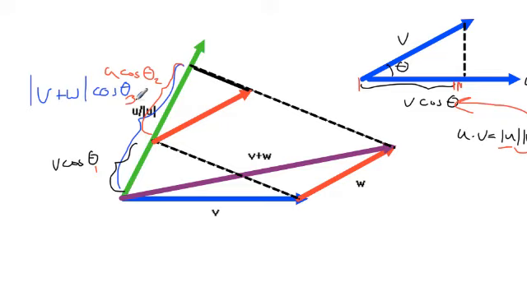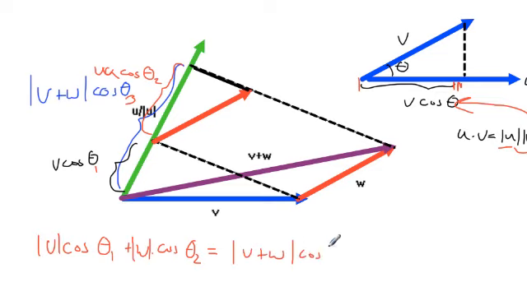We have here though that v cosine theta 1 plus u cosine theta 2 is equal to, I'm sorry, that's a w. I made another mistake here. I apologize. W, and this should also be a w. W cosine theta 2. Okay. V cosine theta 1 plus w cosine theta 2 is equal to, sorry, magnitudes there, the length of v plus w cosine of theta 3.